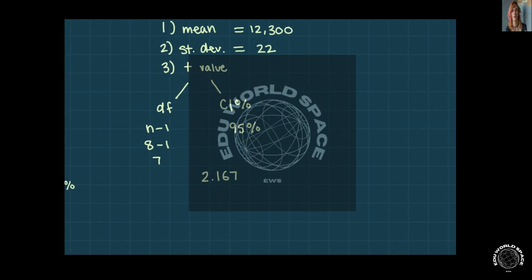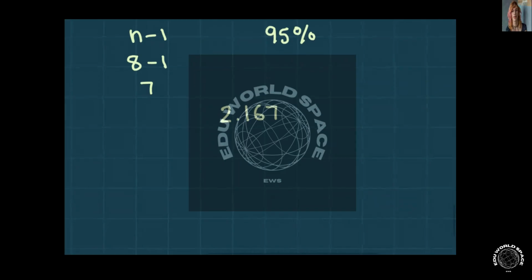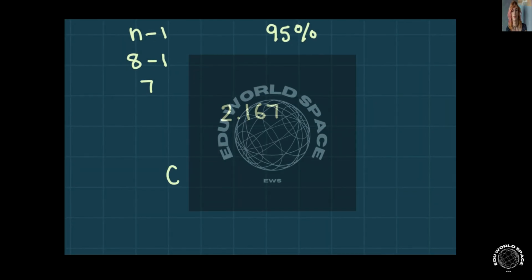Now that you've done that, we can start plugging things into our confidence interval. So the formula for a confidence interval is CI is equal to the sample mean plus or minus the t-value times standard deviation over the square root of n.